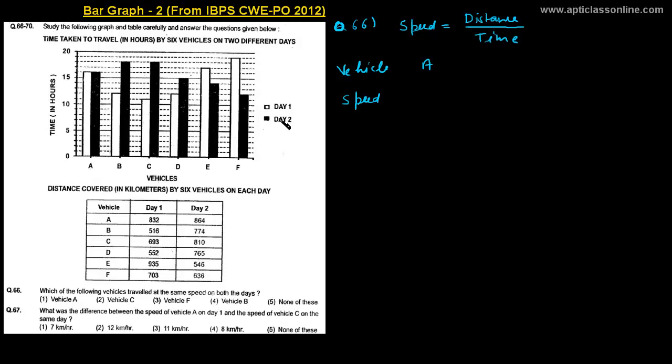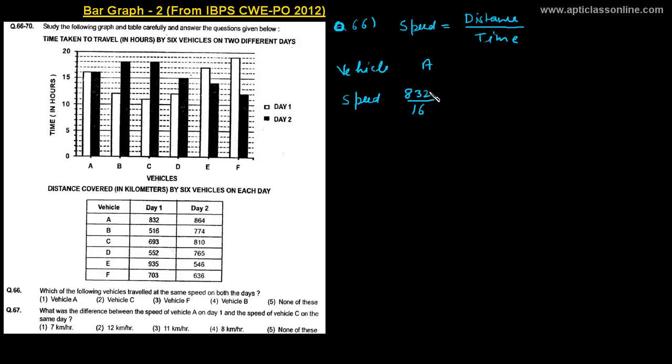The distance traveled by A on day 1 is 832 divided by the time taken, which we can get from the graph: it is 16 hours.